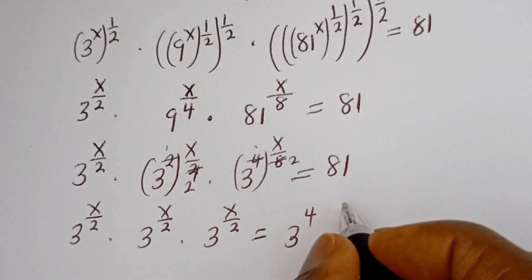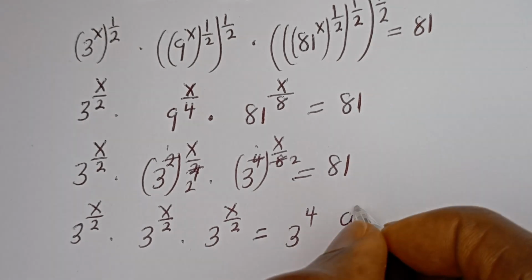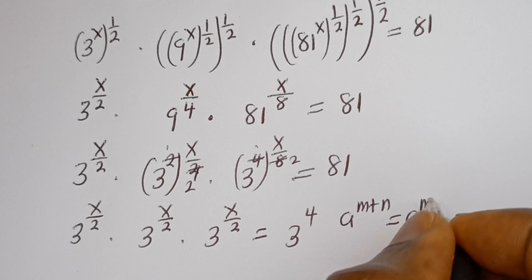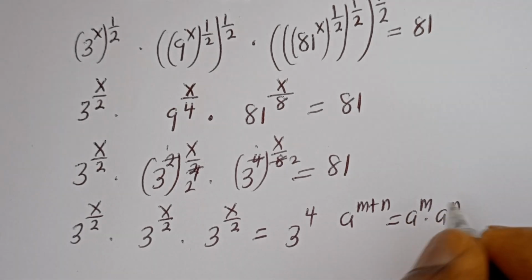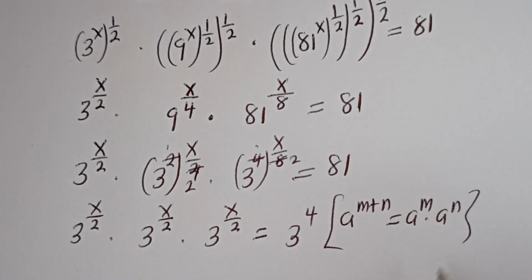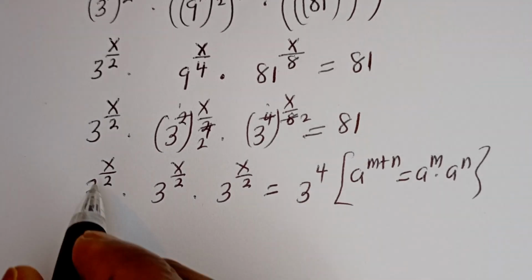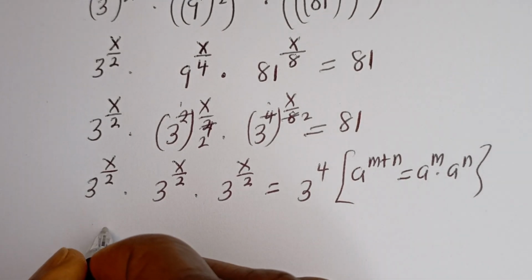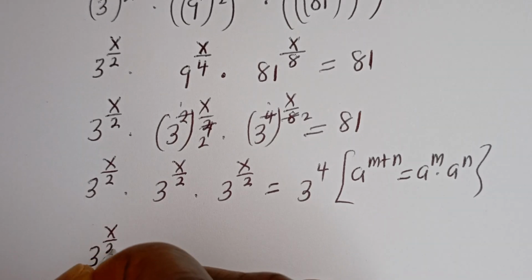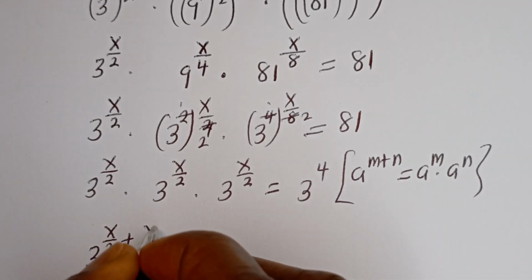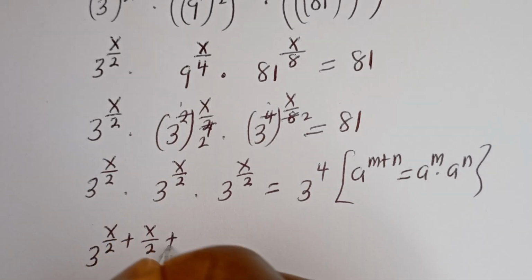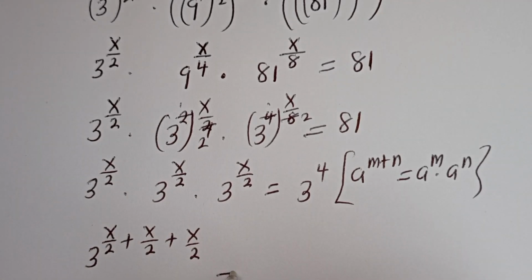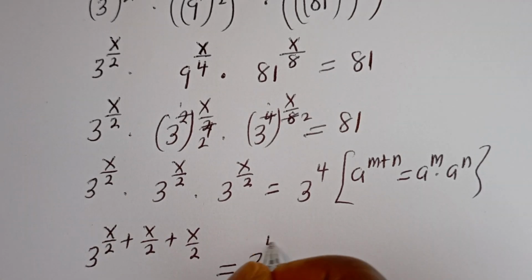Now take note of this, that if you have a to the power of m plus n is equal to a to the power of m multiplied by a to the power of n. Then this can be written as 3 to the power of x over 2 plus x over 2 plus x over 2 is equal to 3 to the power of 4.